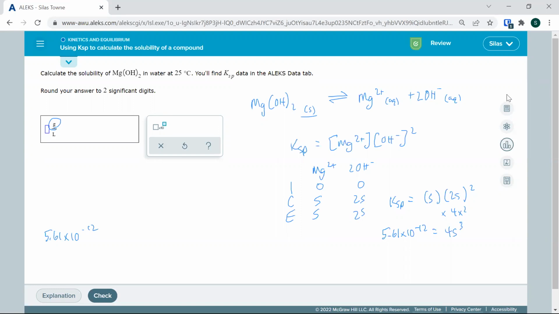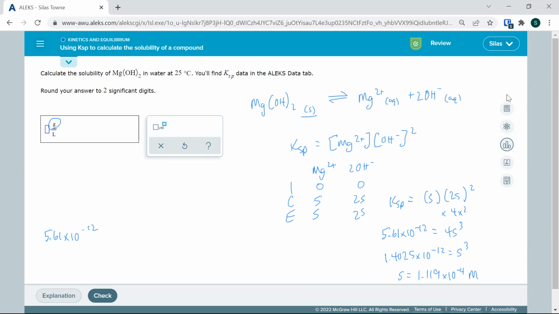Making it an S kind of reminds us, oh yeah, we're solving for solubility. And so let's divide by 4. So 5.61 times 10 to the negative 12th divided by 4 is 1.4025 times 10 to the minus 12th equals S cubed. And now I can take the cube root of that, or raise it to the 1/3 power, and I get the solubility is 1.119 times 10 to the minus 4th.